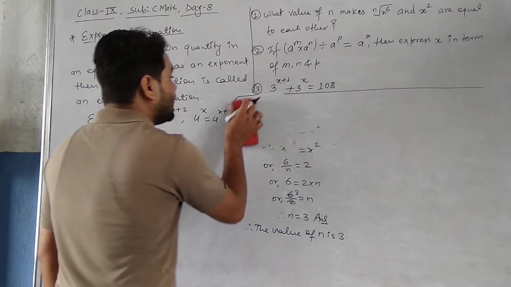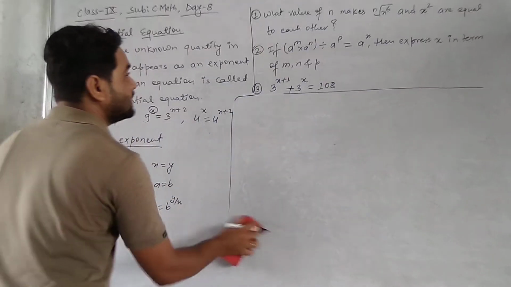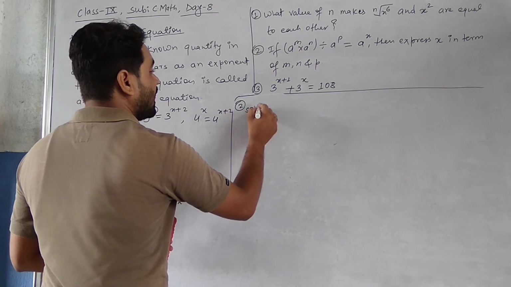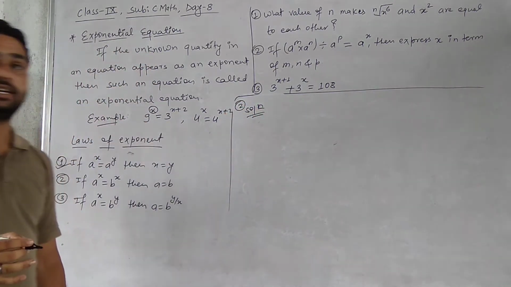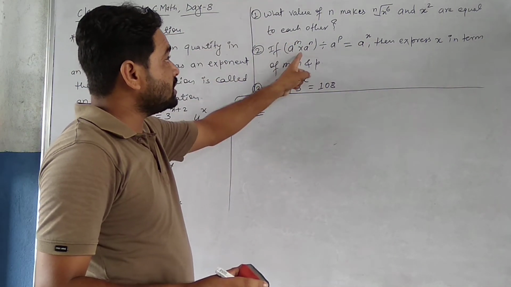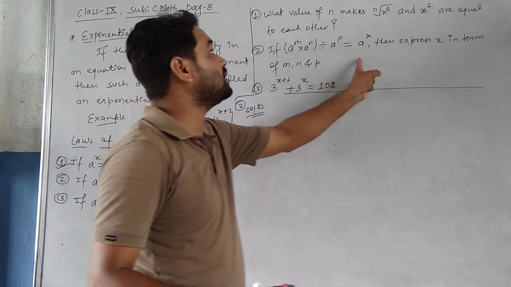Now we are going to do the second number question, and this type of question is also asked most of the time in SE. It is given that a power m into a power n, whole divided by a power p, equals a power x.